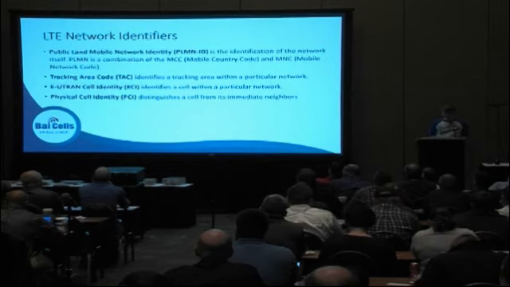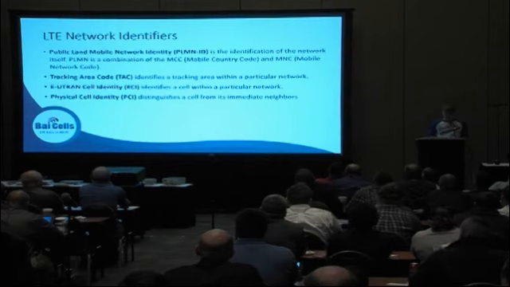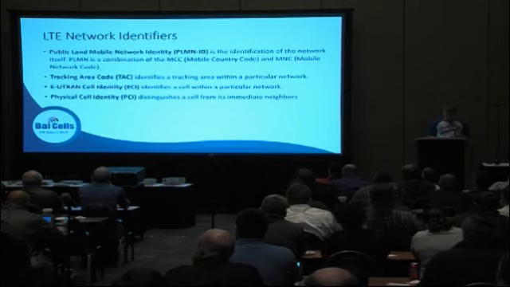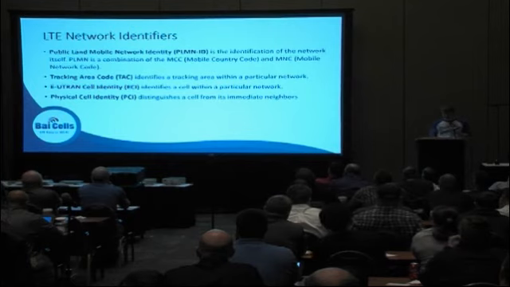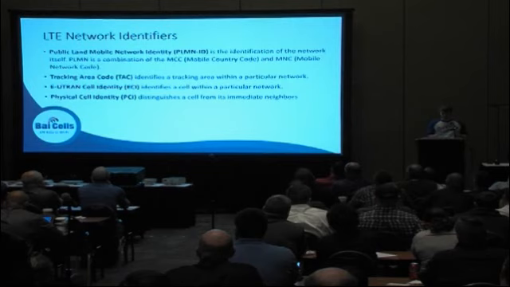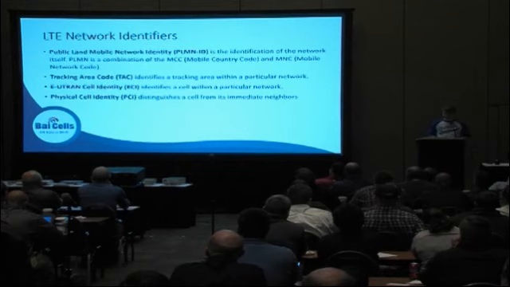So this is good if you're paging a UE, you want to know in which area it is located. And then you have two different cell IDs. You have the E-UTRAN cell ID, and this is how the EPC distinguishes which eNode B is which. And then you have the PCI. This is how the UE distinguishes which eNode B is which.